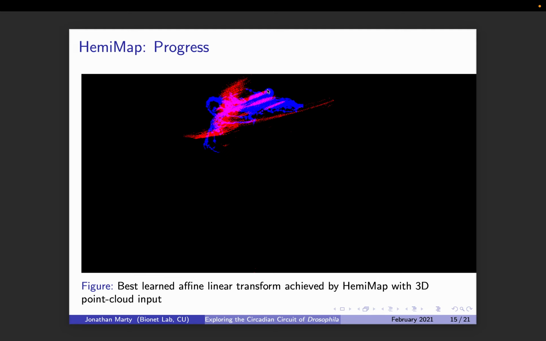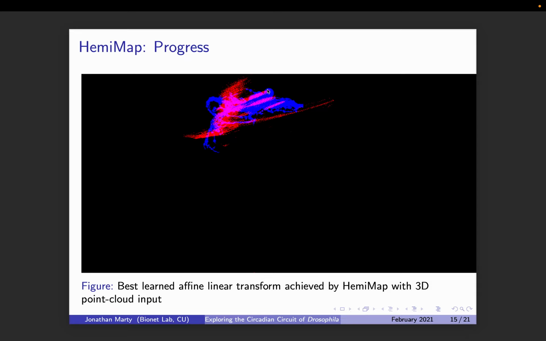What you'll see here is that it's learned scaling very well, right? The scale of the red and the blue point clouds are very similar. And it's learned to set the center point very well, right? The center of this is very close. But it hasn't learned much about orientation.